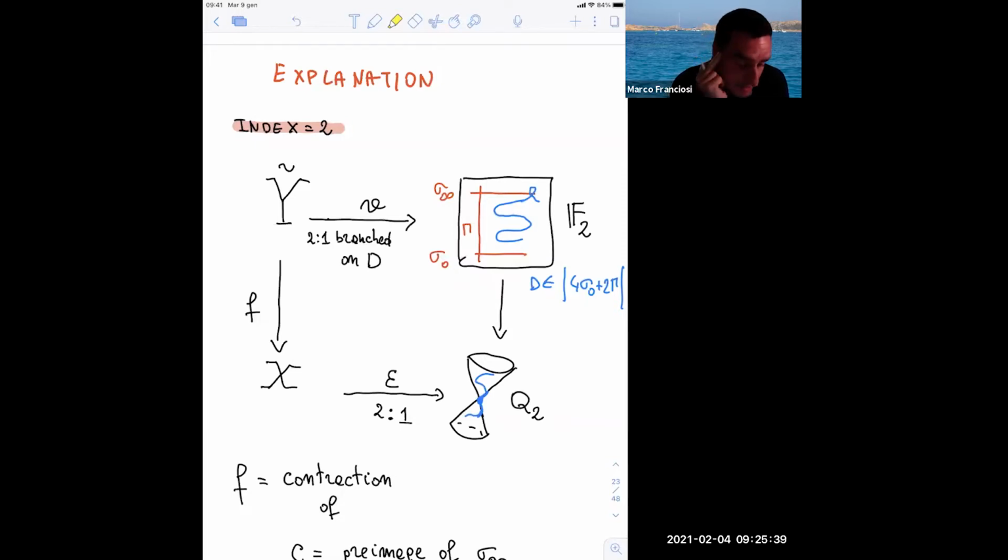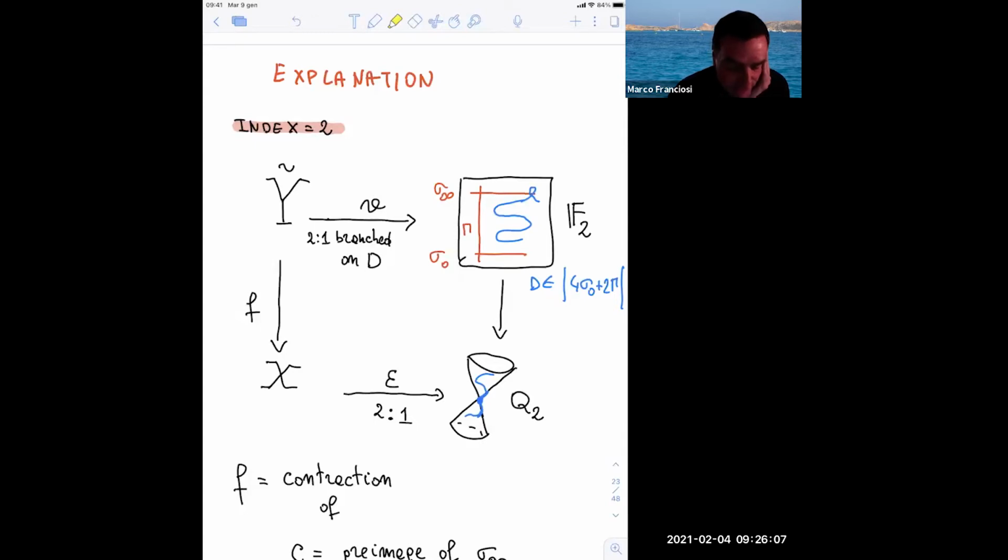So we start with a surface Y tilde, and then we contract some string of rational curves. In this case, we have in mind the bicanonical map, which maps onto the quadric cone. So we consider F_2, which can be seen as the resolution of the quadric cone.